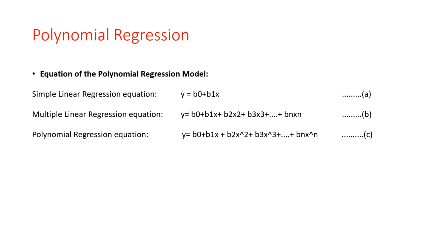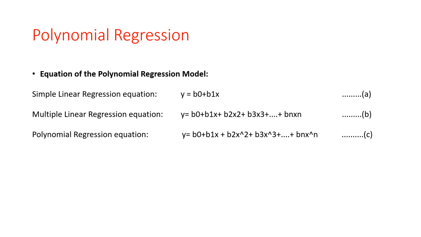Instead of b0 and b1, we can write a0 and a1 or some other terms, like y equal to mx plus c, where m and c are the coefficients. In the multiple linear equation, y equal to b0 plus b1 x1 plus b2 x2 plus b3 x3 up to bn xn.